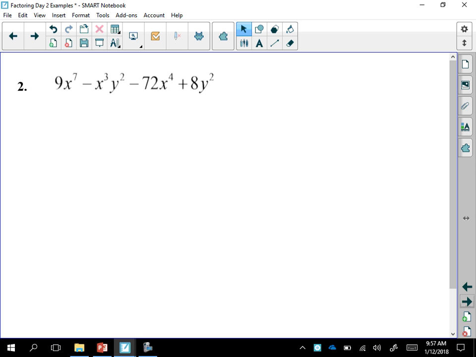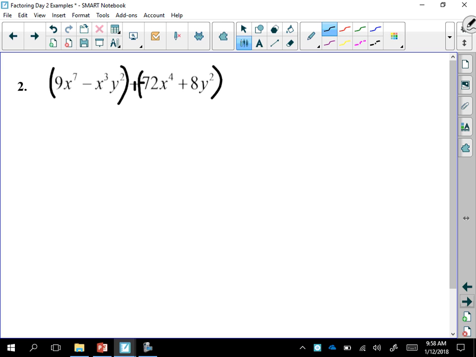What method do you want to try here? Grouping, right? We would look for a GCF to start with, but there isn't a GCF for all four terms. So we'll group the first two together. We'll make that subtraction a plus sign and put the negative with the 72, and then group the second two together.